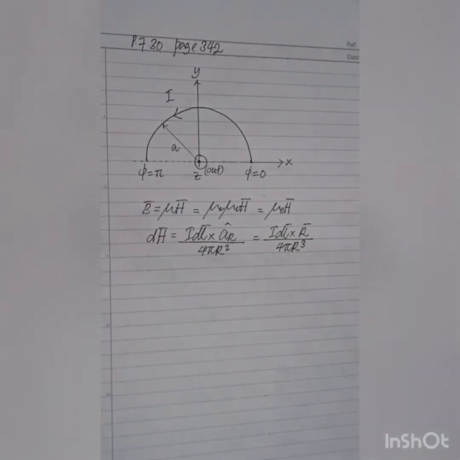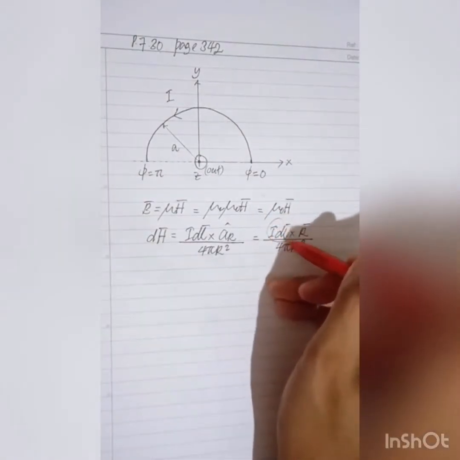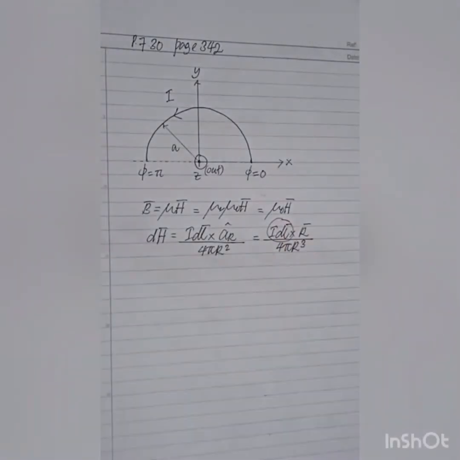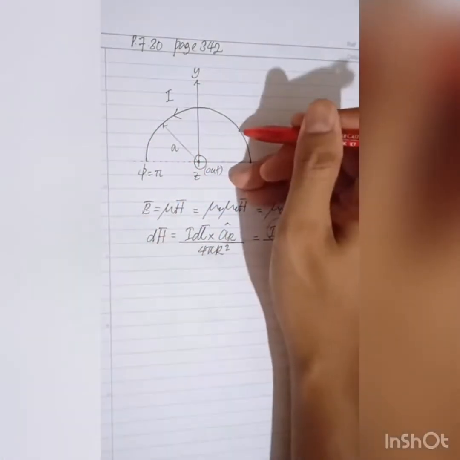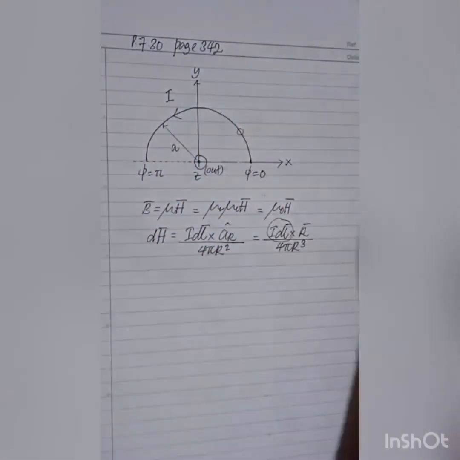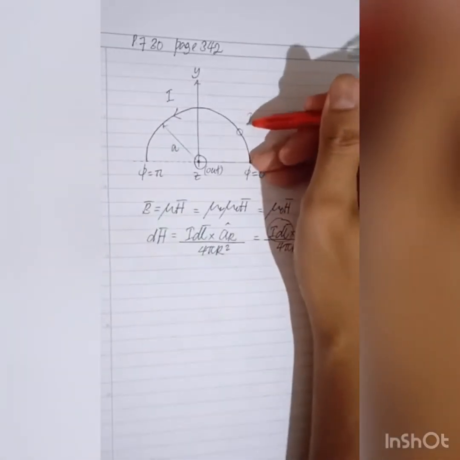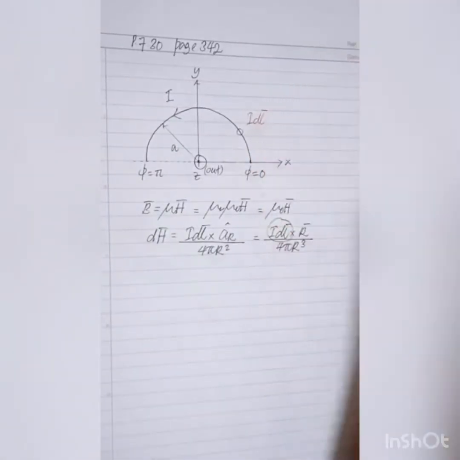This is our current element. We need to take a sample current element from this semicircular loop. So let's say this is my sample current element, given here as I dl vector.